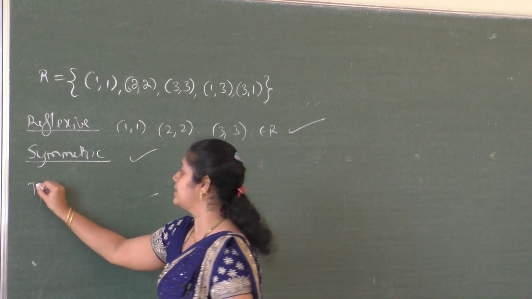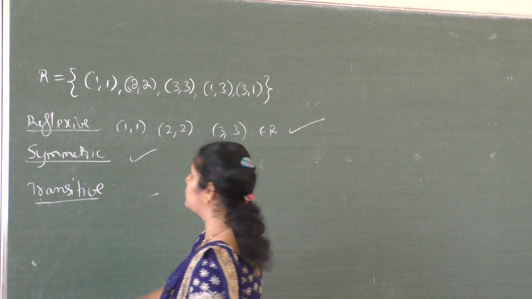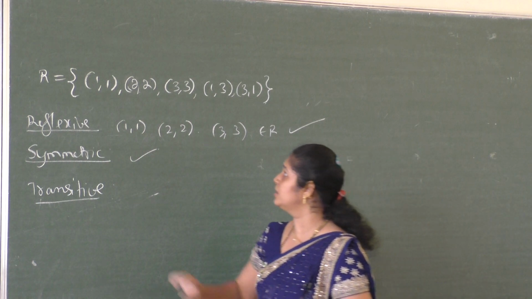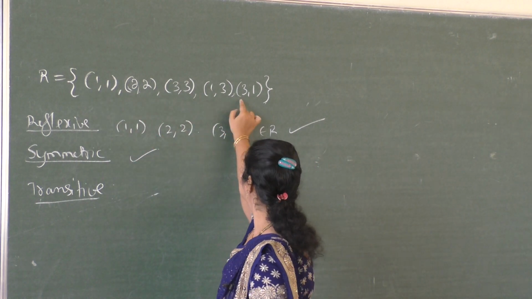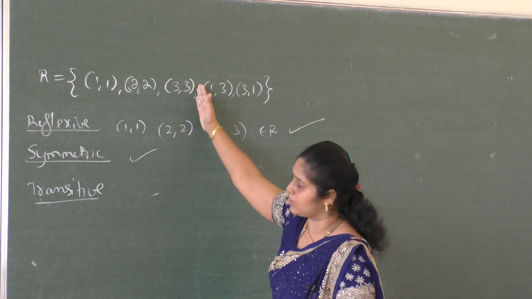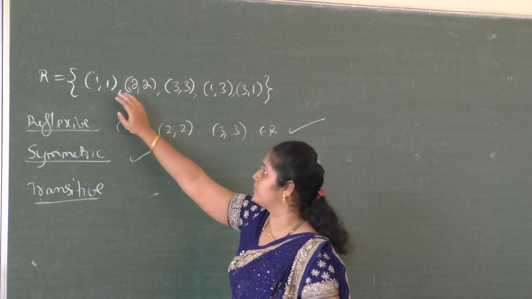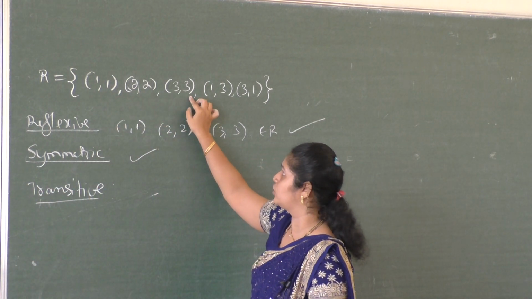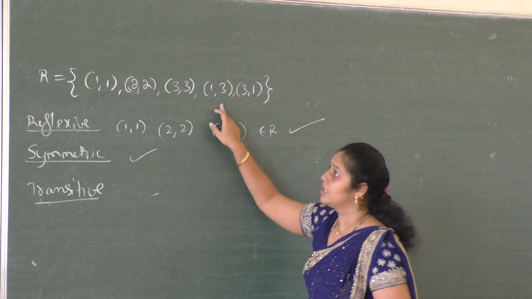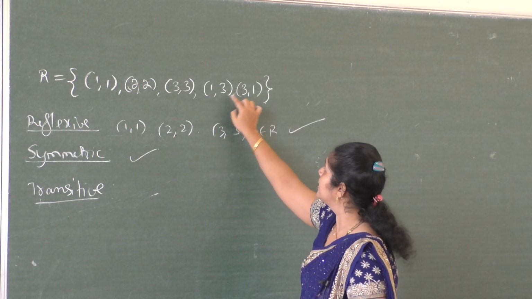What about that relation, is it transitive or not a transitive relation? So for checking transitive relation, up to here I gave that example, that is transitive. Transitive also if you take (1, 1), (2, 2), (3, 3). Next, to check the transitive relation, check by taking ordered pairs, that is (1, 3), (3, 1).